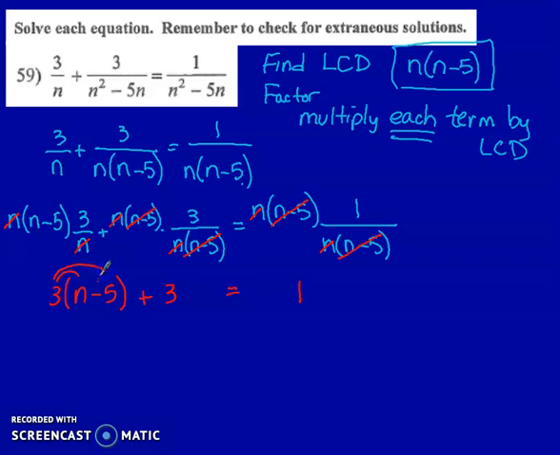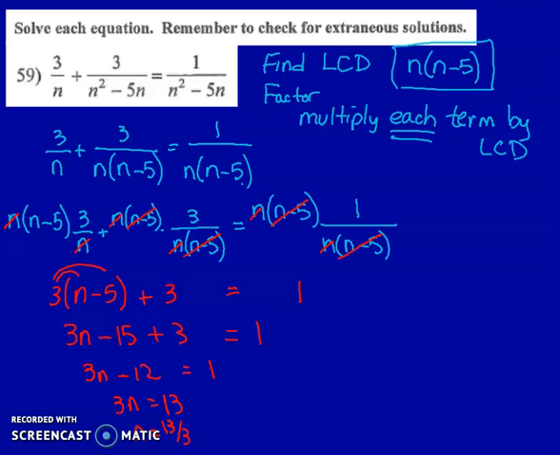Let's do our distribution. 3n minus 15 plus 3 equals 1. 3n minus 12 equals 1. 3n equals 13, let's add 12 to both sides, and then divide both sides by 3. n equals 13 thirds.